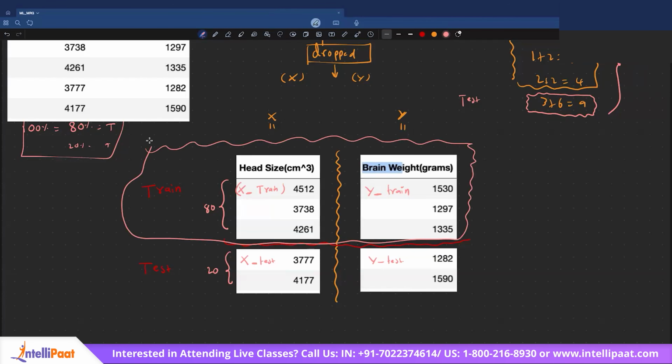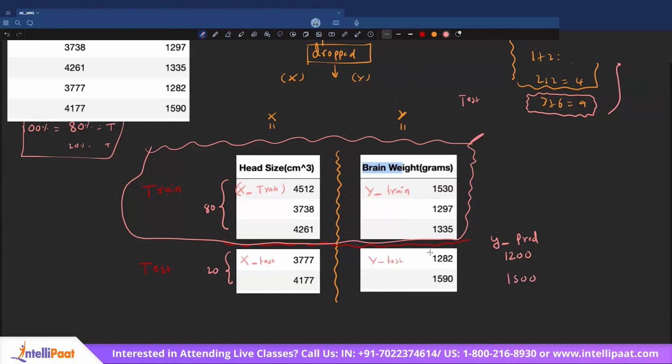Whatever the machine learning model has learned, should I not create another column called Y underscore predicted? Meaning, using the training example, if I give it the test example 3777, 4177, it will predict some number like 1200, 1500.